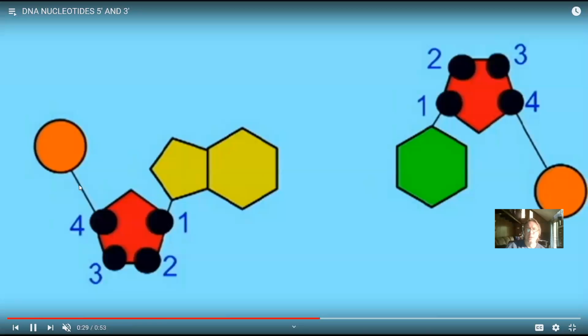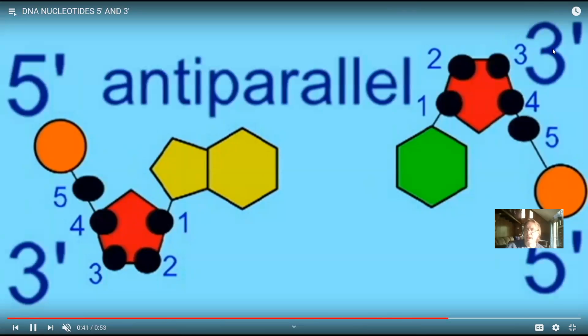So if the nucleotides on the left are running 5' to 3', 5' being the one on top, then the nucleotides on the right will run 3' to 5', with the 5' on the bottom.